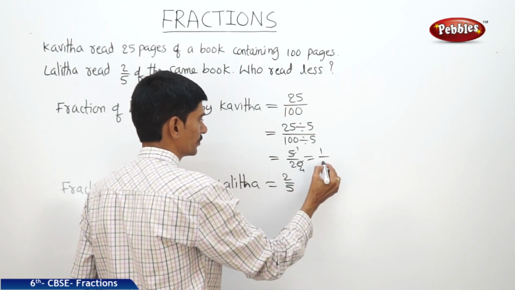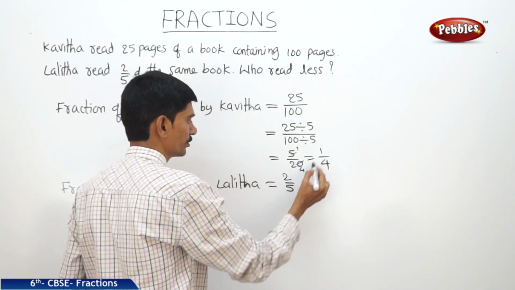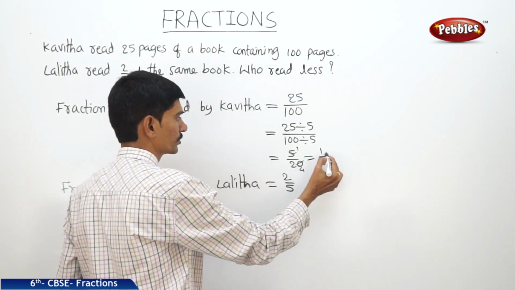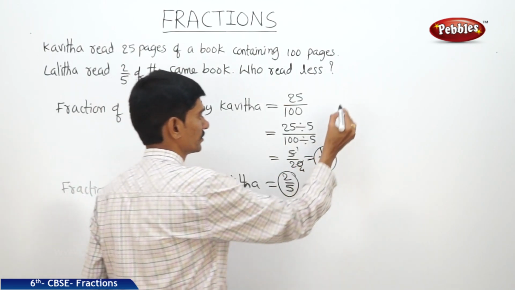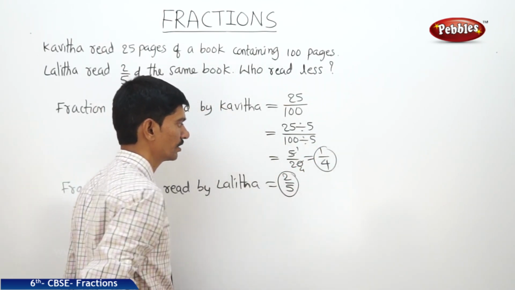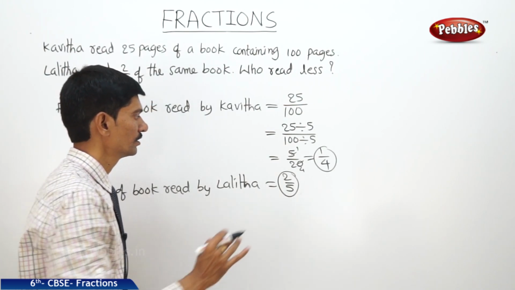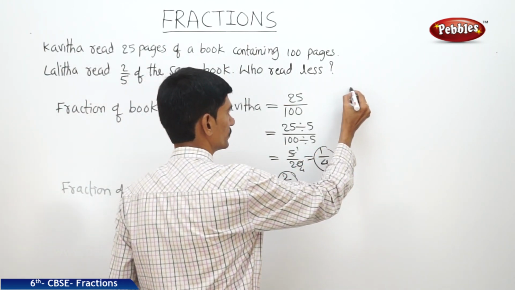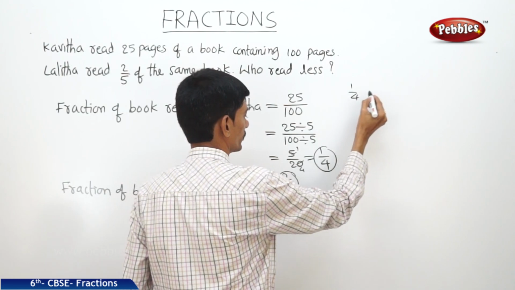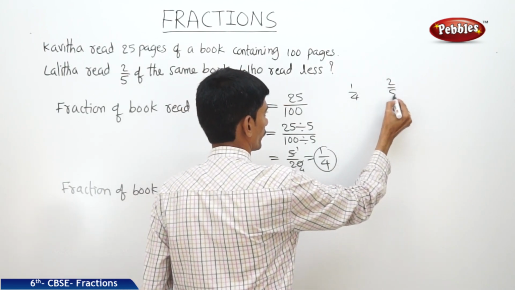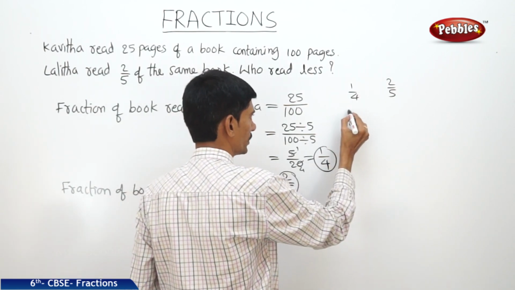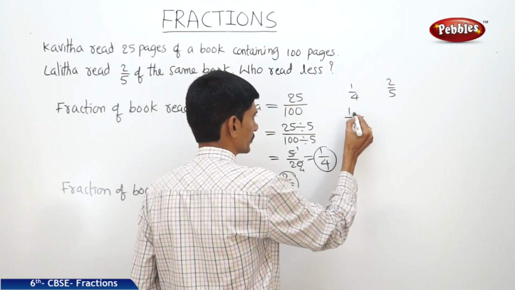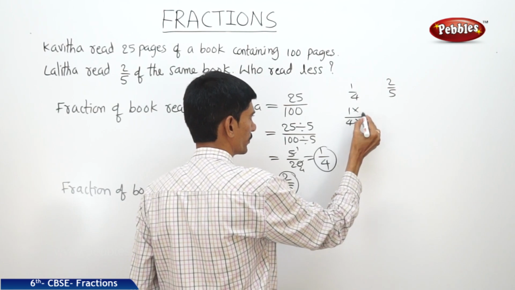Even so, we cannot compare both fractions 1 by 4 and 2 by 5 directly, because their denominators are not equal. So to make the denominators equal, we multiply the numerator and denominator of 1 by 4 by 5.